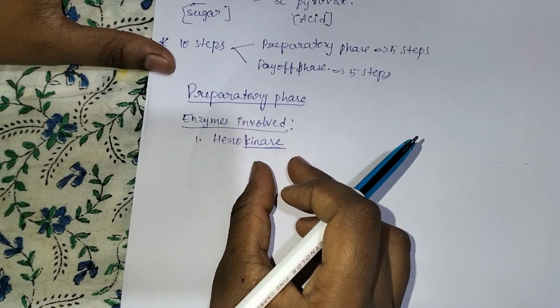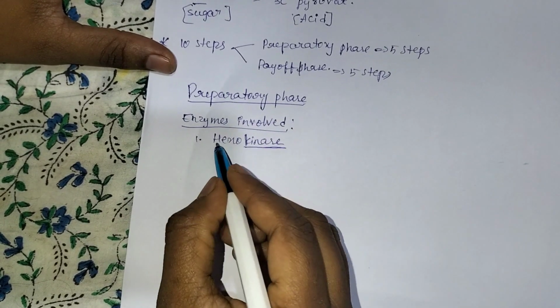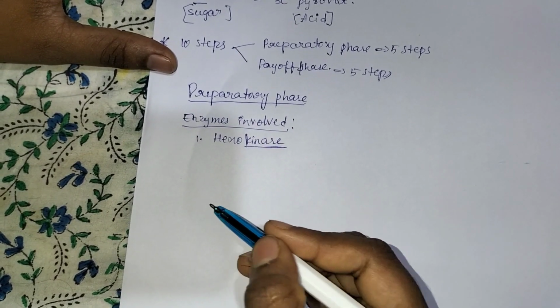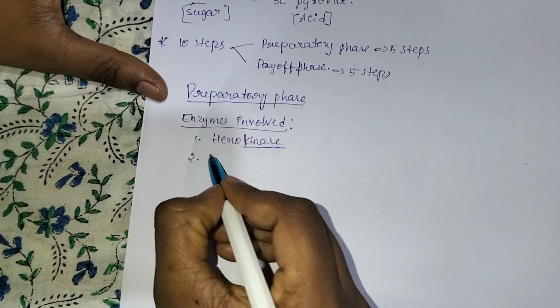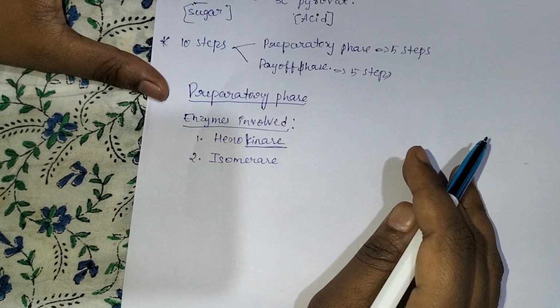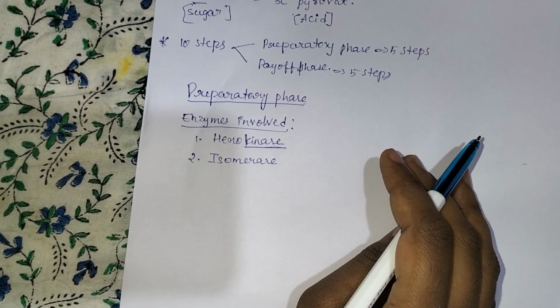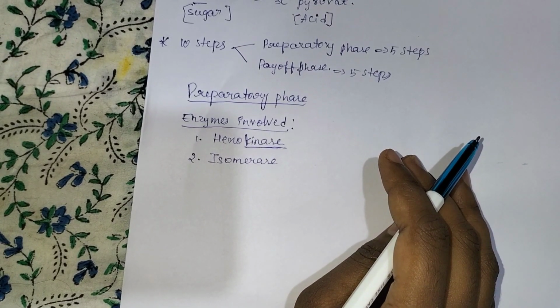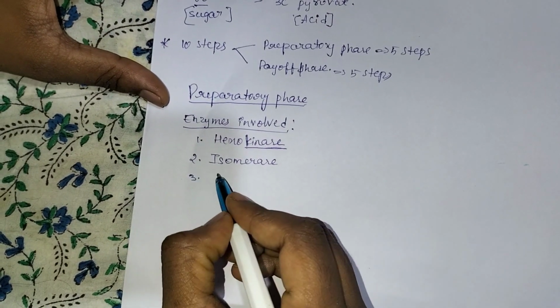The work of kinase is to add phosphate. So hexokinase is adding phosphate to a 6-carbon glucose. Next enzyme involved is isomerase. This isomerase enzyme will convert aldose into ketose, that is, glucose is converted into fructose, which is a ketose.